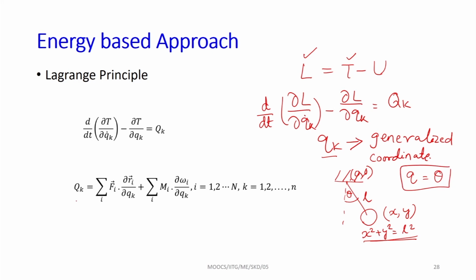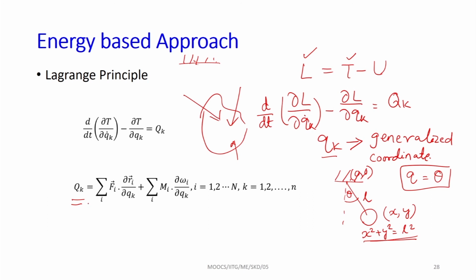Similarly, this capital Q_k is known as the generalized force. In the system a number of forces are acting, F1, F2, F3, and the physical coordinates have been taken from some position. Let the position vectors of these forces be r1, r2, r3, r4.